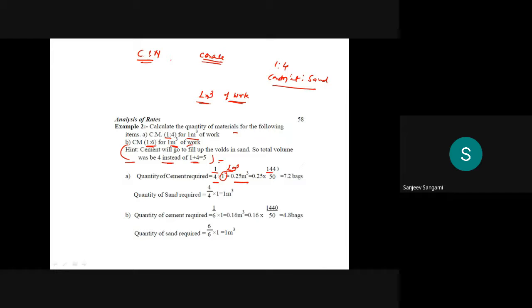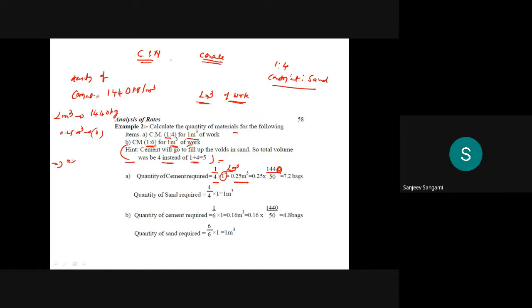So again you use the same relation, that is 1440 divided by 50, as we have calculated for this one. So again, the density of cement is equal to 1440 kg per meter cube, meaning for 1 meter cube we have 1440 kg. Then for 0.25 meter cube, x.